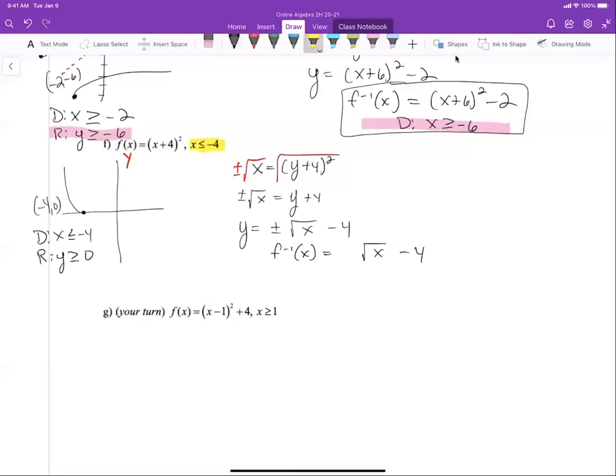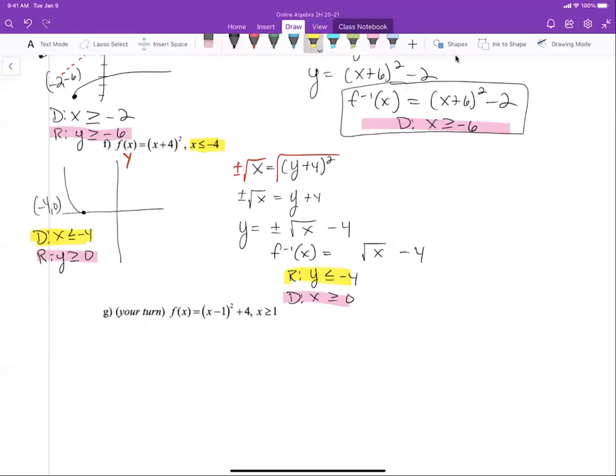So the range of the inverse function comes from the domain of the original function. So let's go ahead and write that. The range has to be y is less than or equal to -4. And then why not go ahead and put our domain? So x has to be greater than or equal to 0. And we got that from here. Okay.